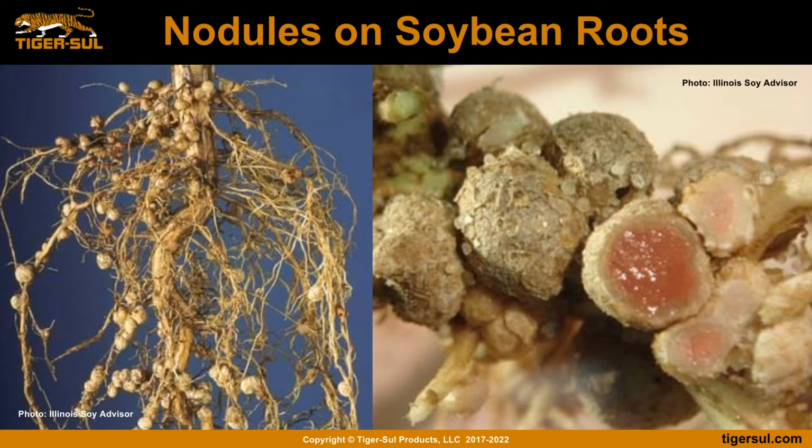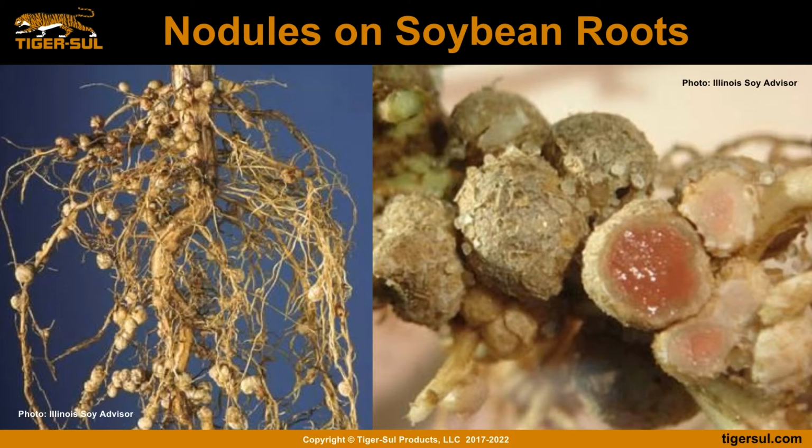If you take a nodule and slice it open, and it has a pinkish red color, that's an indication that the rhizobia bacteria is converting atmospheric nitrogen to ammonia, which then is converted to ammonium that the plants can utilize.